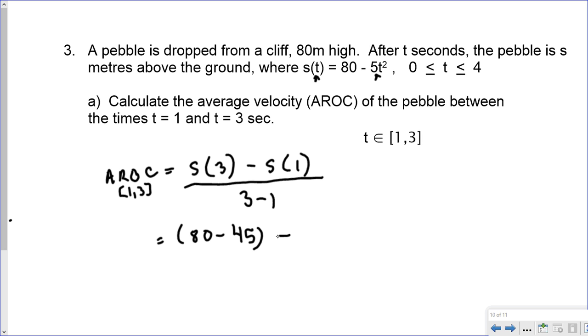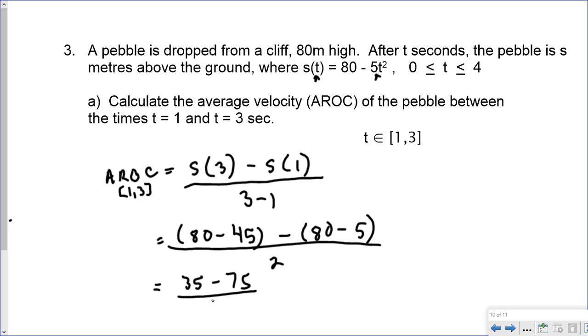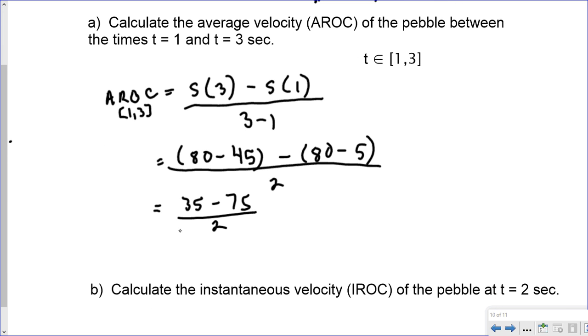Then I have to take s at 1 away, and s at 1 was found by substituting into my given distance formula, 80 minus 5t squared. When t equals 1, I get 80 minus 5, and this is all going to be over 2. So 80 minus 45, I got 35, and then I have to subtract 75 over 2, which I get to be negative 40 over 2, or negative 20.